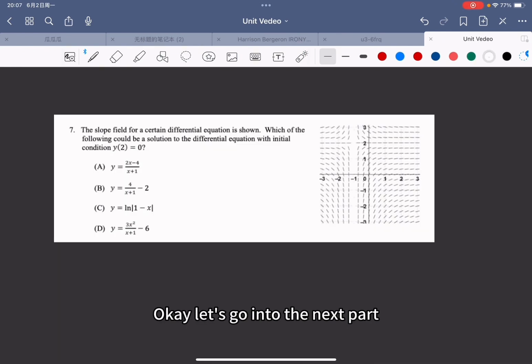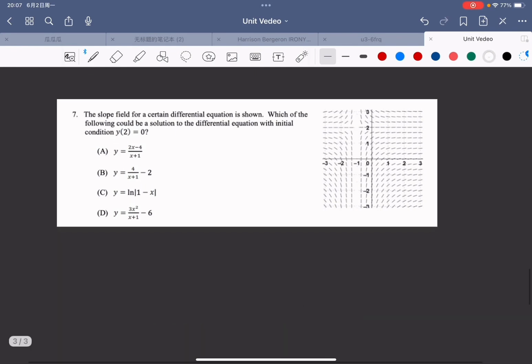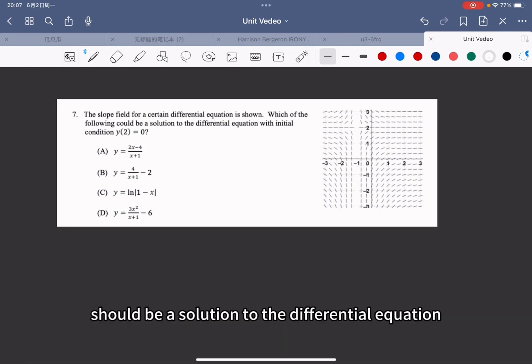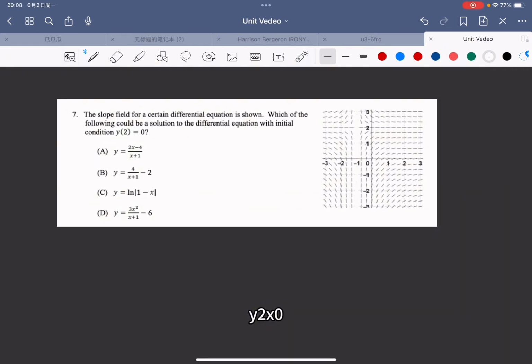Okay, let's go into the next part. It's the 7.4 question. Which of the following should be a solution to the differential equation with the initial condition y(2) equals 0? Firstly, we need to plug x equals 2 into the different equations above to identify if the result equals 0.